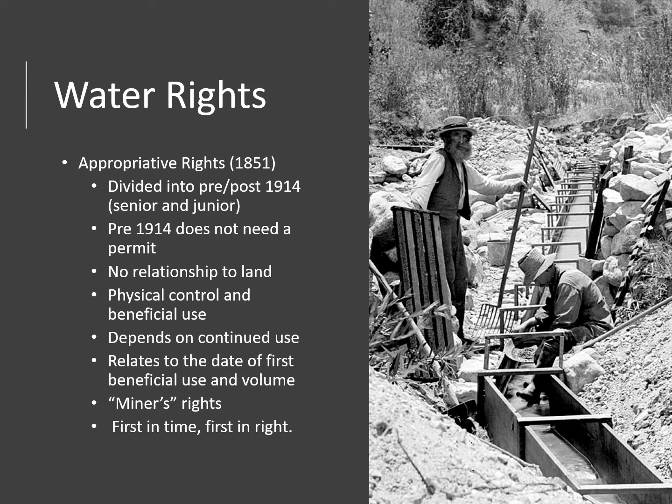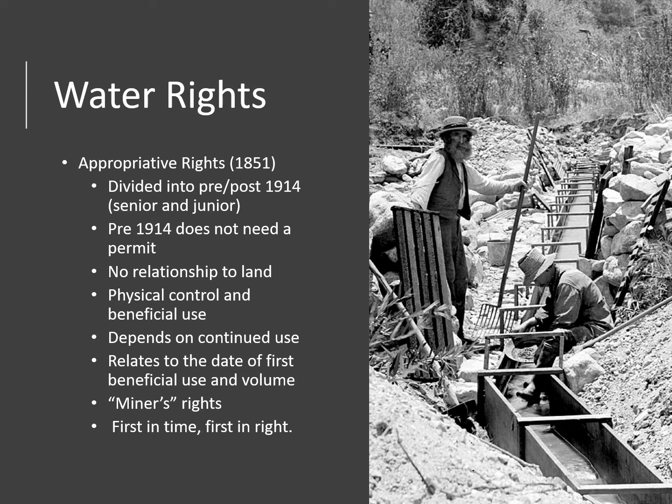So if these lovely miners, for example, in 1902 started using the water and they used an acre foot every month, that would be the volume that was established for their use, because again, it relates to the date of first beneficial use and the volume. So they're called miners' rights because they're first in time, first in right.